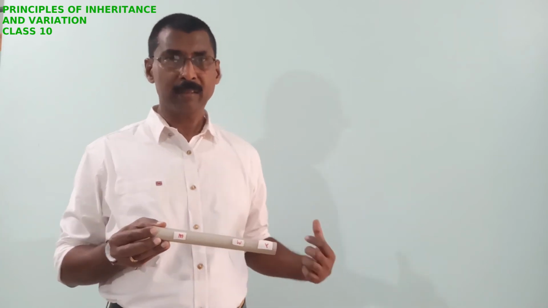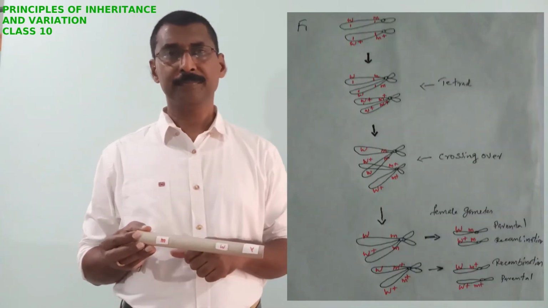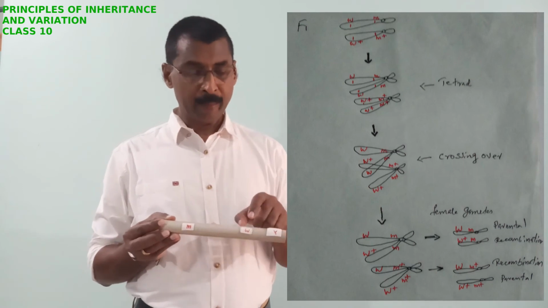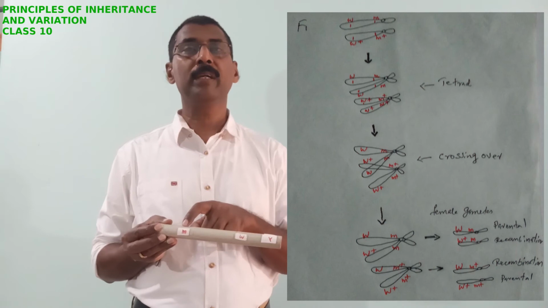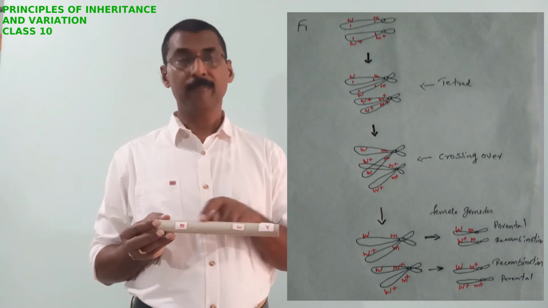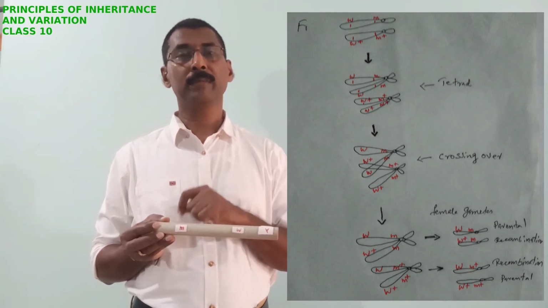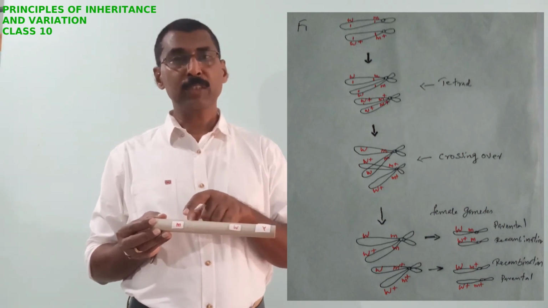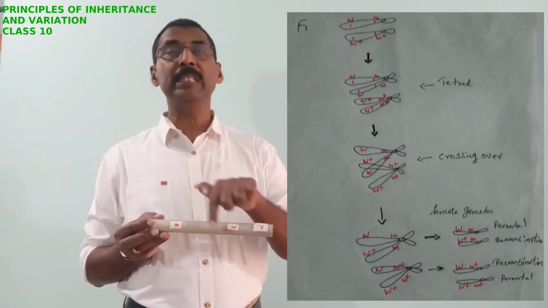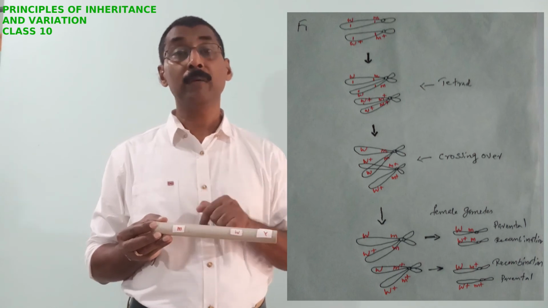As it is depicted in this diagram here. And you see here, the gene for the eye color and the gene for the size of the wing here is situated apart. The distance is more. And the chance of crossing over between these two genes is very high.